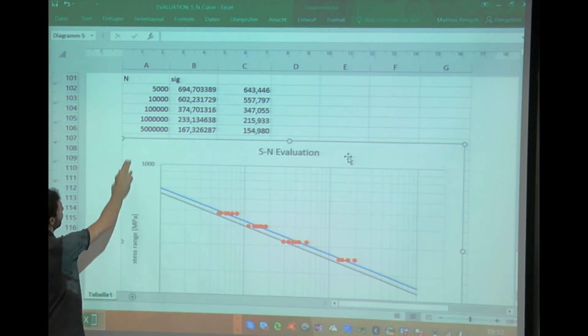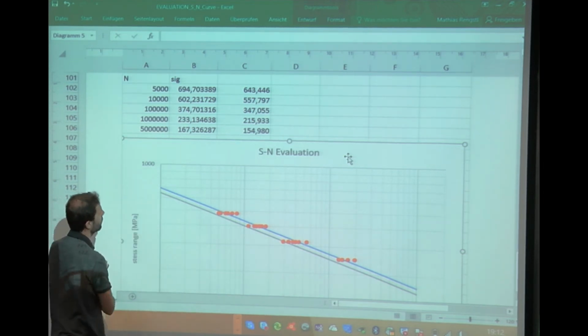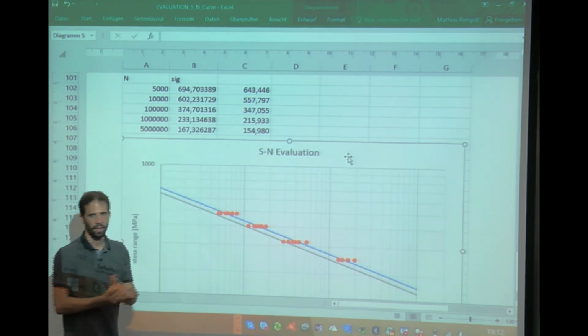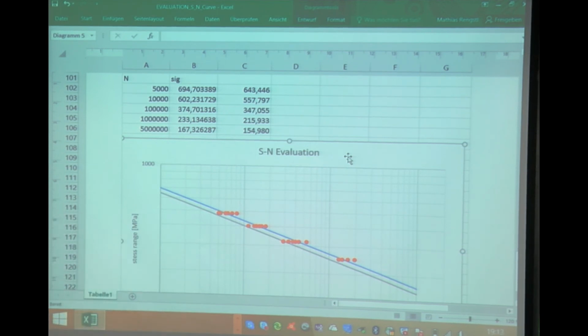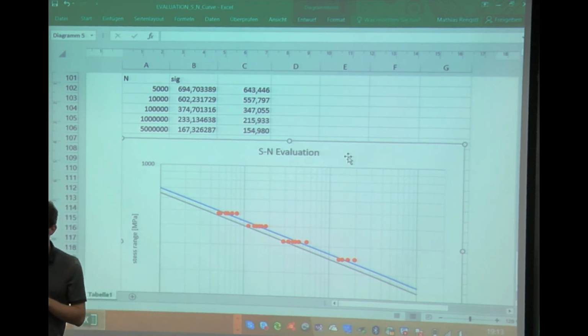So for example, for your 5,000, 5 times 10 over 3, 10 over 4, 10 over 5, 10 over 6, 5 times 10 over 6, you can recalculate your delta sigma values. So in this case, this is the blue line. This is our 50% assumption.